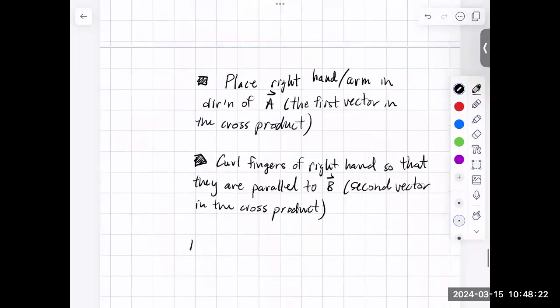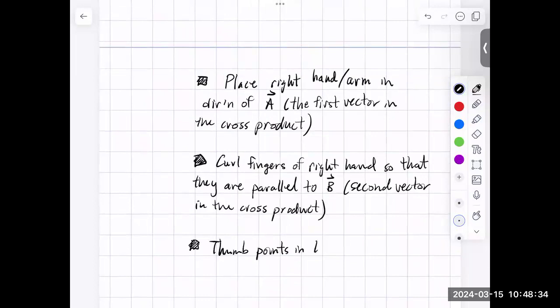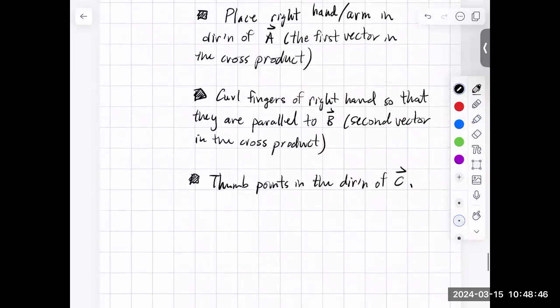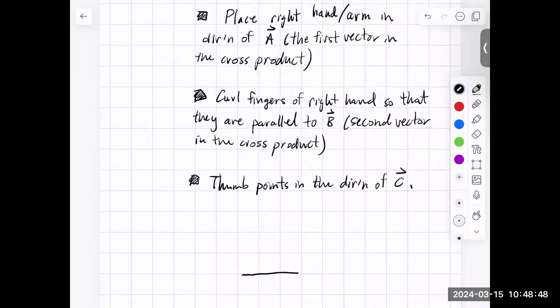Okay, and then finally, the last thing you do is just look at your thumb, and your thumb points in the direction of C. Okay, let me draw it again so I can have all of this stuff on the screen at once.